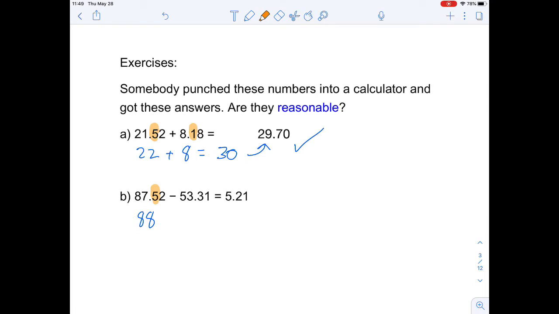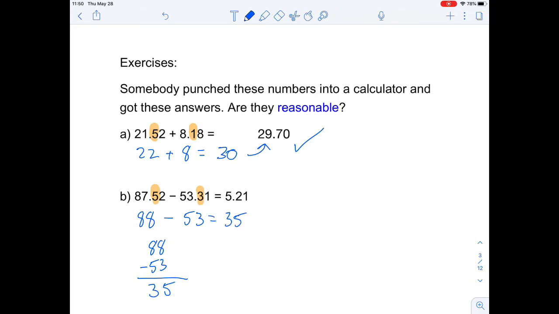Here we have $53.31, so we're going to let that rest down to $53. And this is a subtraction. That number's a little too tough to subtract in my head, so I'm just going to do a quick subtraction on the side. 8 minus 3 is 5. 8 minus 5 is 3. So my estimated amount is $35.